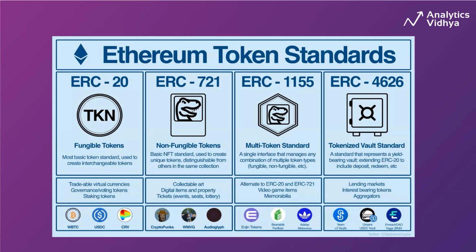Now we are talking about Ethereum token standards: what the token standards are and what the Ethereum ERC standards maintain. You are mostly aware of Ethereum ERC20 tokens and ERC721. So how do these standards work?